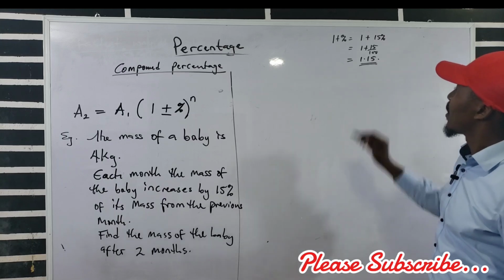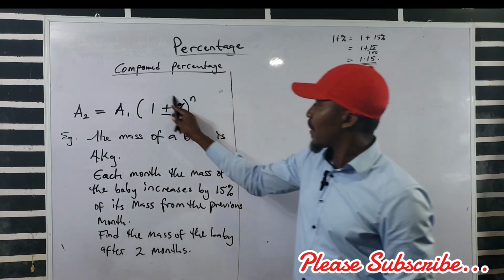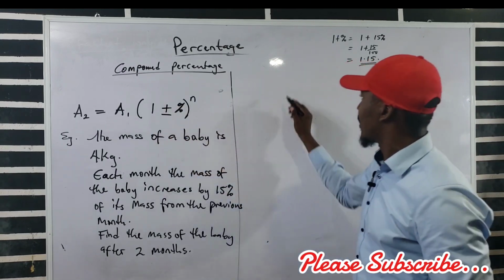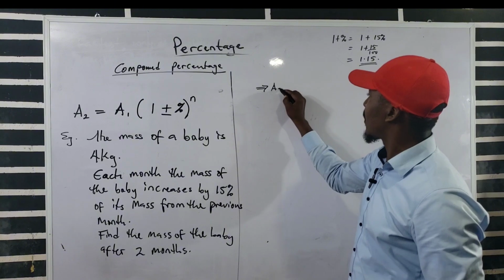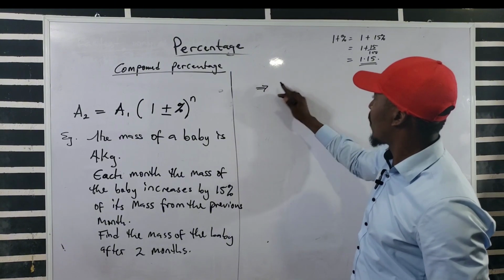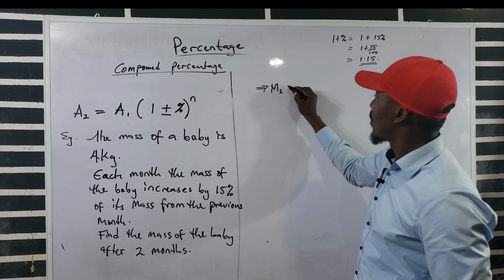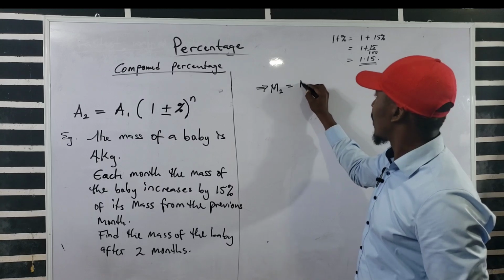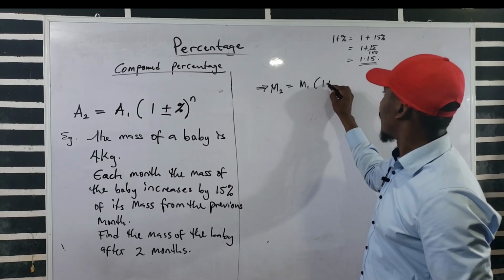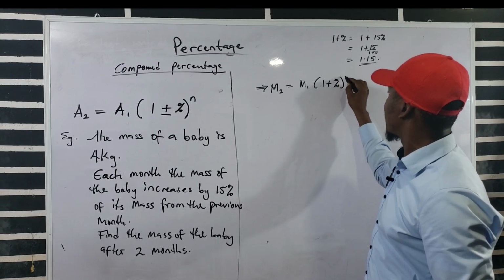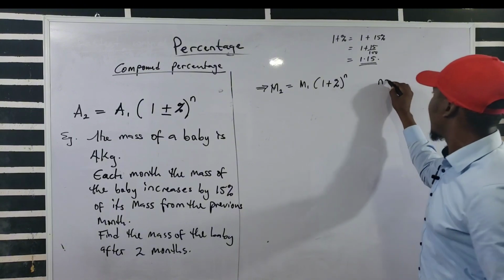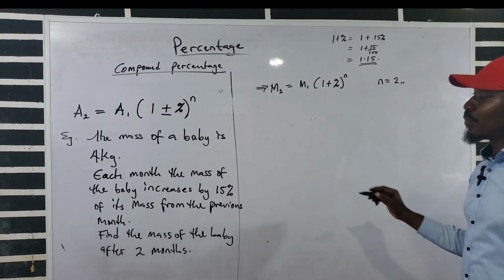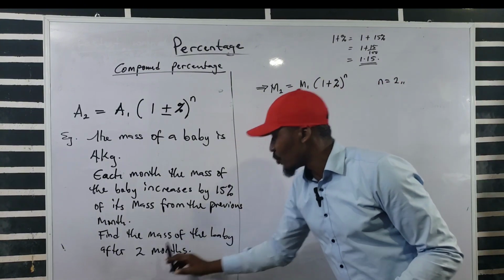So this is what we have inside this bracket. So M2 equals M1 times (1 plus the percentage) to the power n. Of course, n equals 2 because we are dealing with 2 months.